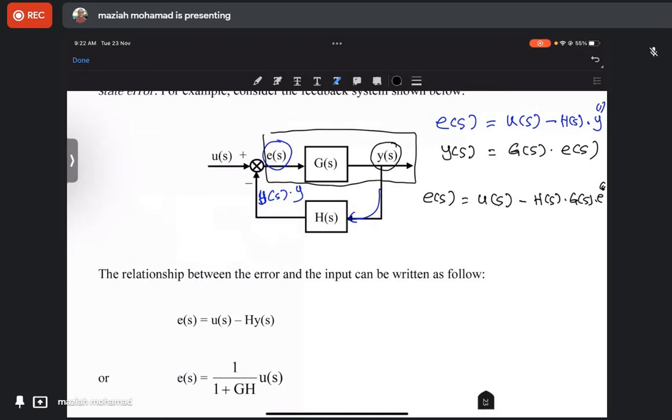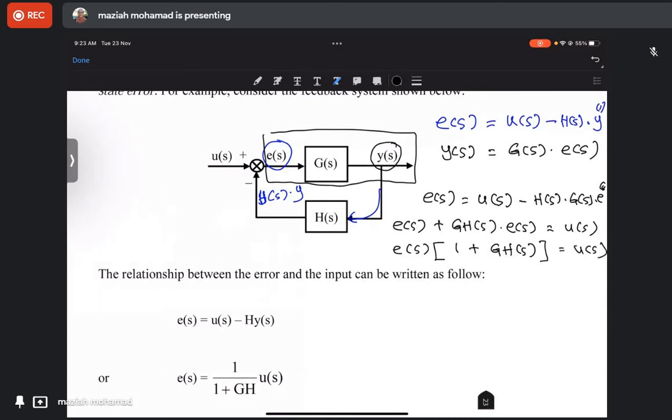So we can have E(s) plus GH(s) multiplied with E(s) is equal to U(s). Factoring the E(s), we have 1 plus GH(s) equal to U(s).